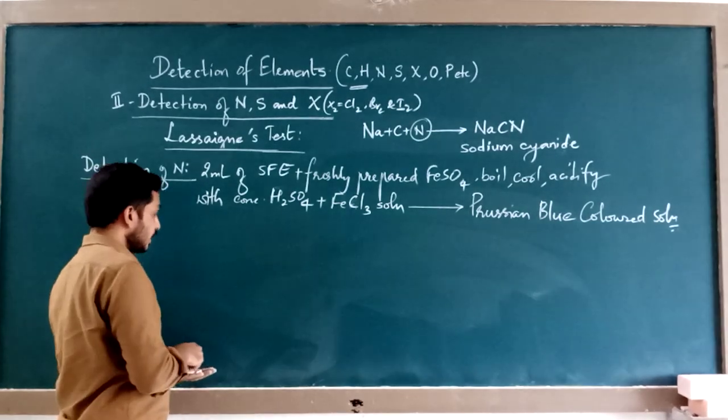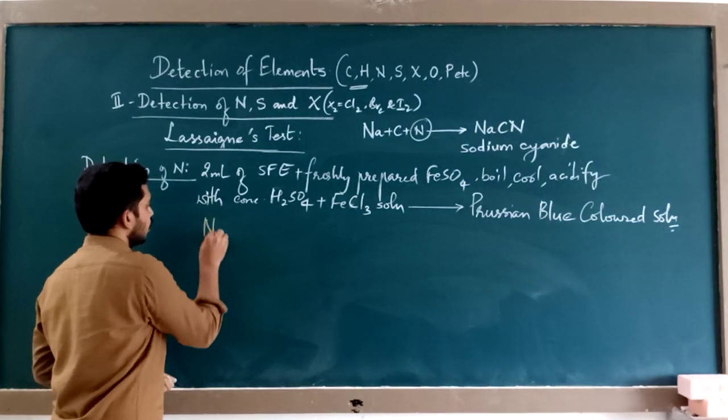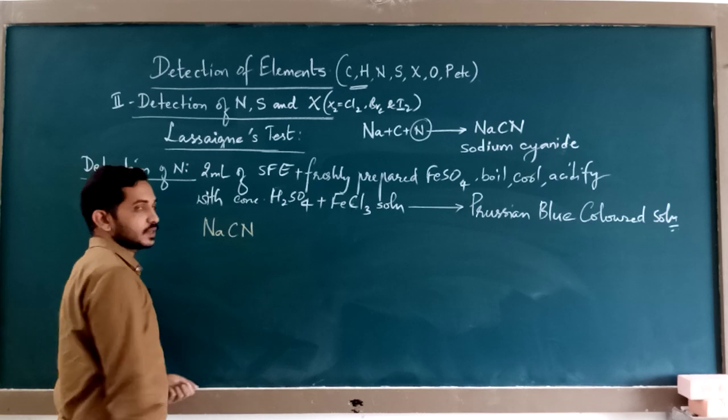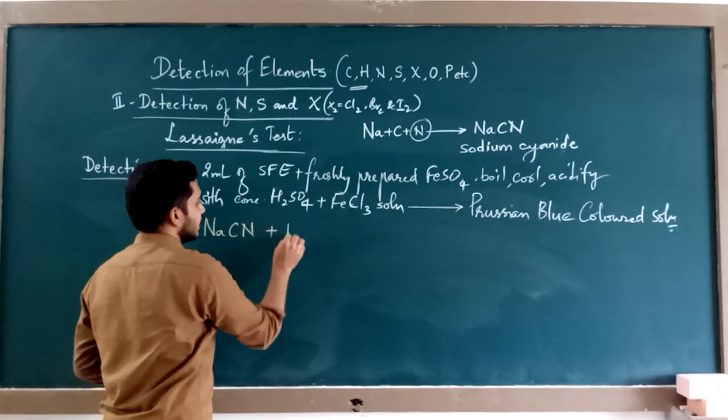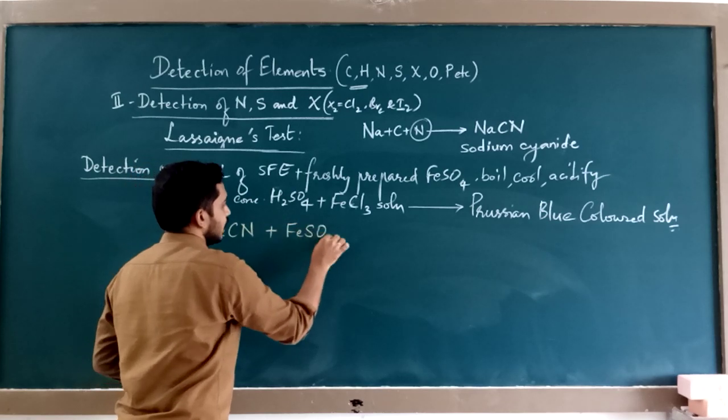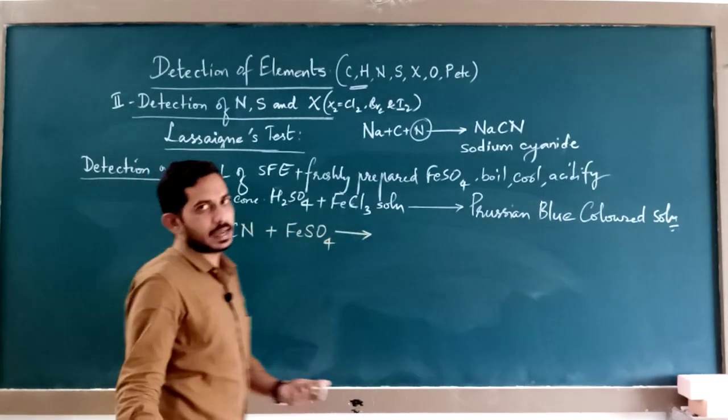So what did you do first? You had your nitrogen in the form of sodium cyanide. True. So in the first step you reacted it with ferrous sulfate. Upon reacting with ferrous sulfate, what happens?